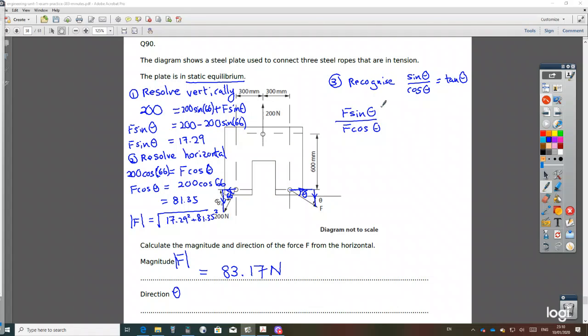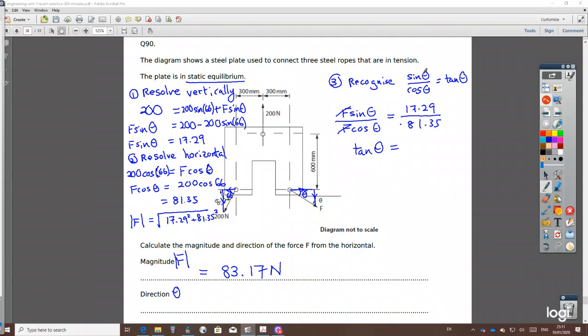So therefore, that is equal to, what's F sine theta? 17.29, over F cos theta, 200 cos 66, which is 81.35. Because F and F will cancel out, that leaves you with sine theta over cos theta, which means that is tan theta.